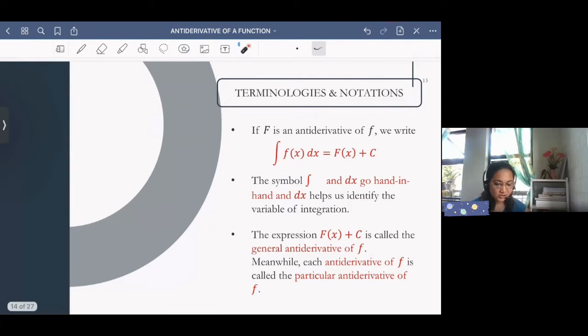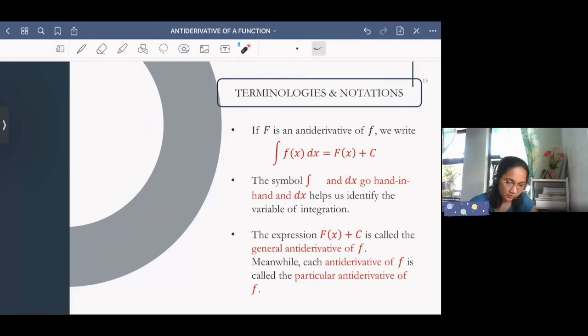Some other notations we have: if uppercase F is the antiderivative of small f, we will write the integral of f of x dx equals the uppercase F of x plus c. So we have again the integrand and then our integral symbol or notation.